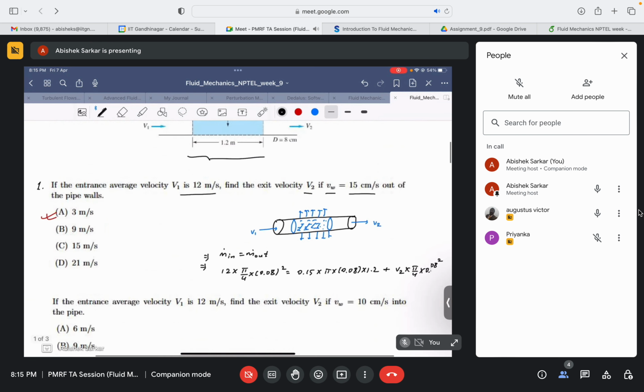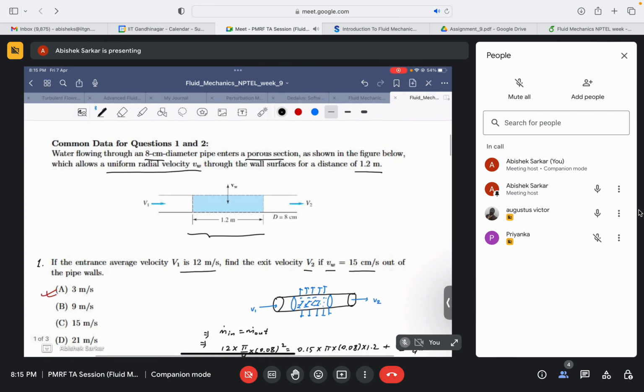But again, see, there are certain terms that they have mentioned here, because of which you were able to simplify this in terms of only m in equal to m out, and that also you have taken directly as rho in A in V in.